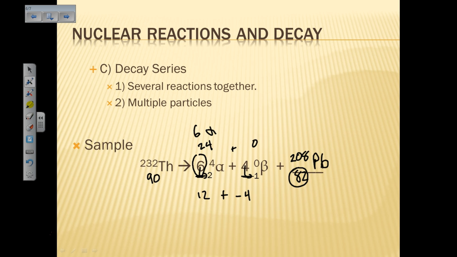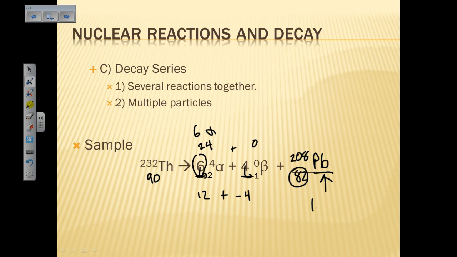So the point here is we have multiple alpha particles and multiple beta particles given off in a chain. And that decay series will eventually get us to something that is stable.